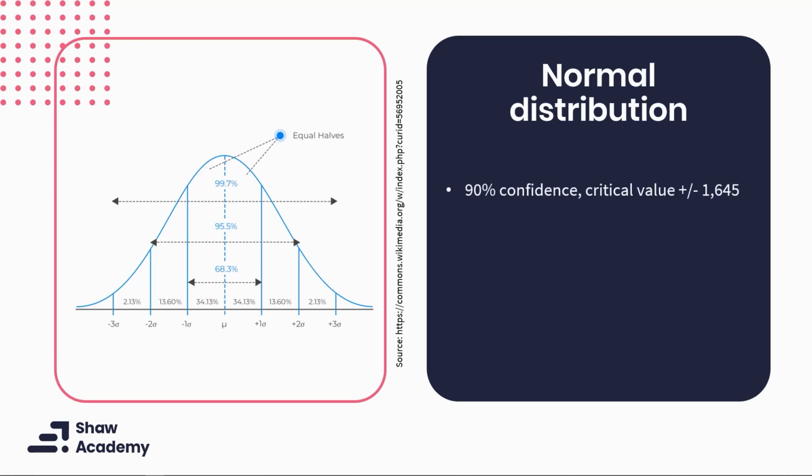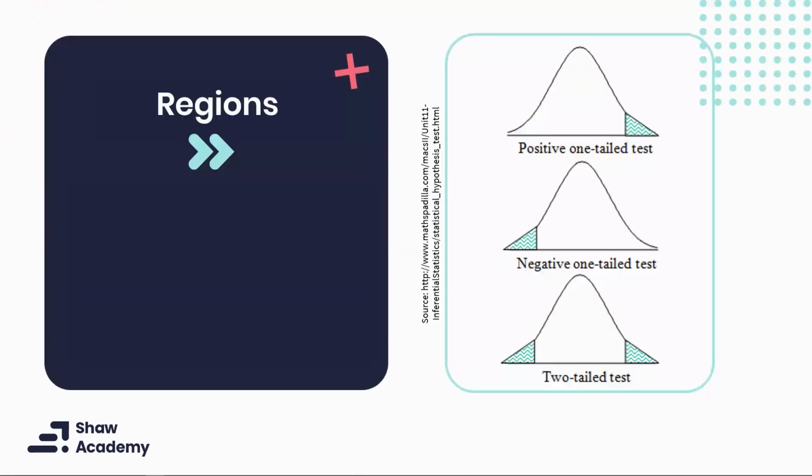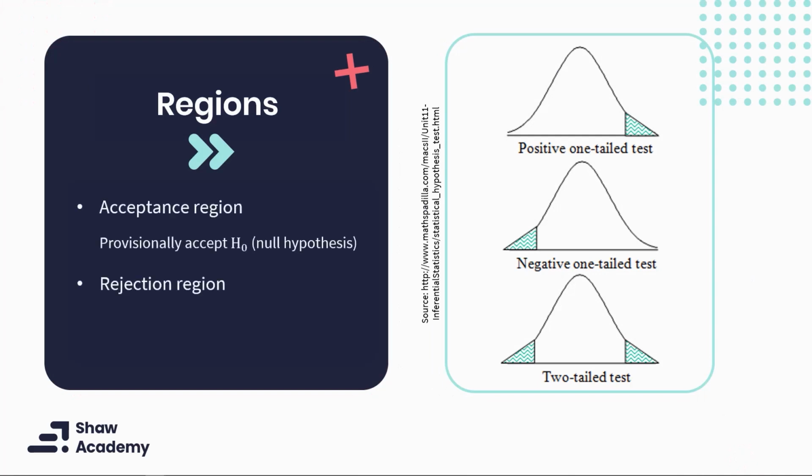So if we want a 90% confidence level in the test for a normally distributed population, we would have an alpha value of 0,05 and critical values for the two-tailed test of plus minus 1,645. For a 95% confidence, the critical values would be plus minus 1,96. And for a 99% confidence, the critical values will be plus minus 2,575.